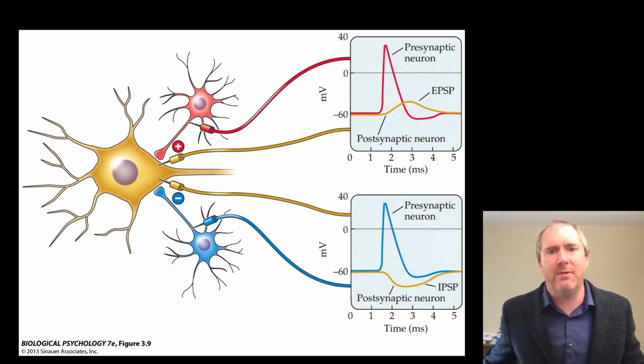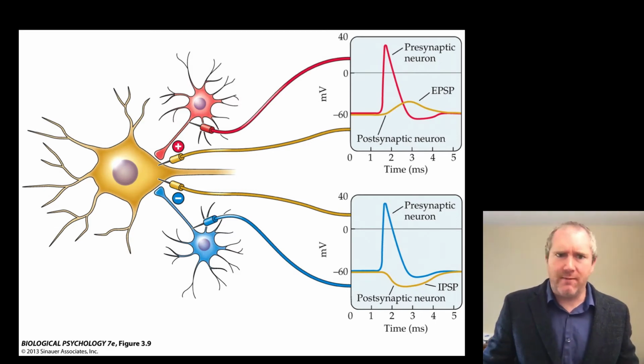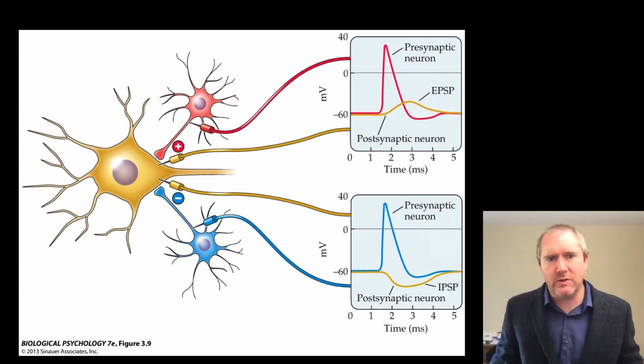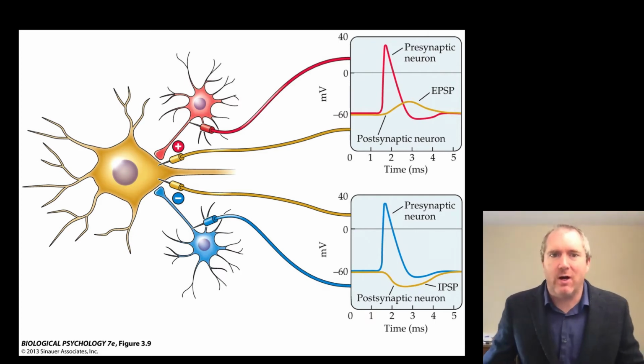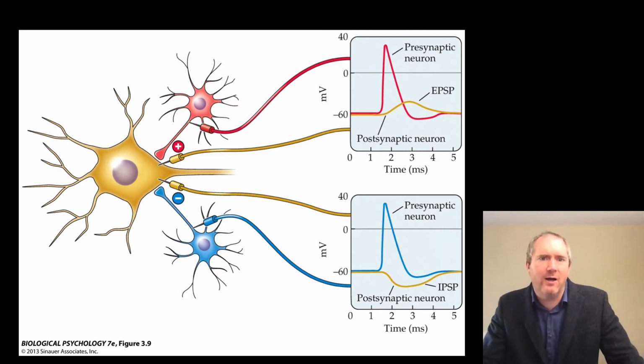This is very rapid, but it's still behind the presynaptic impulse. On the other side, you have your GABA neuron firing, and when it fires, it releases GABA, which activates inhibitory GABA receptors on the postsynaptic side, which would result in an IPSP.